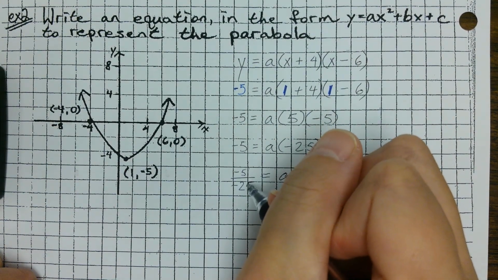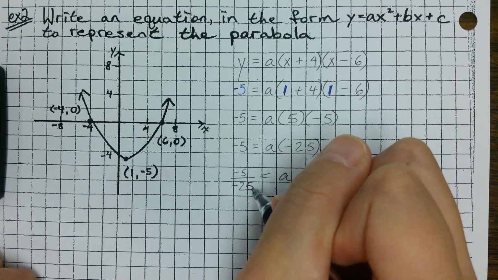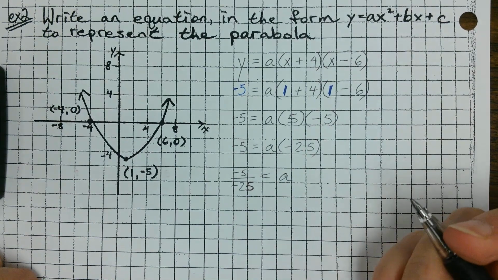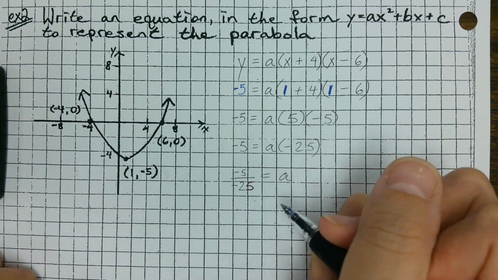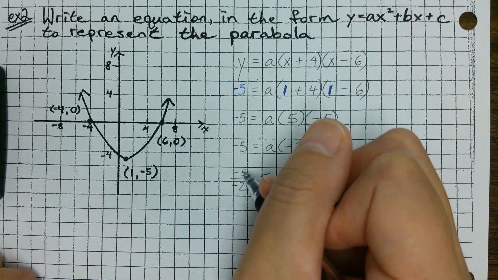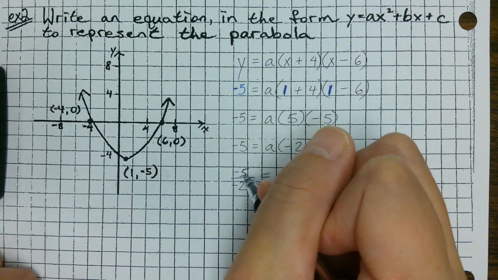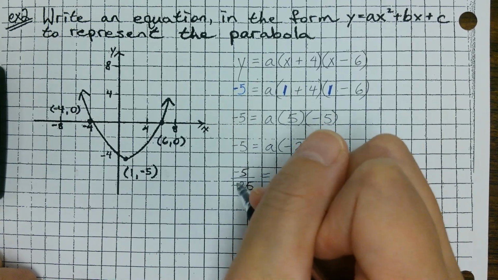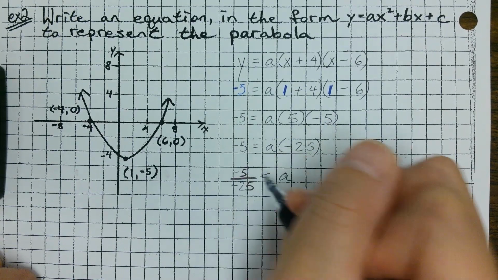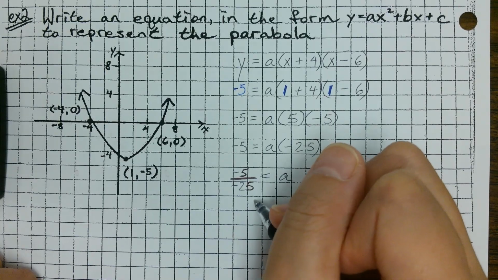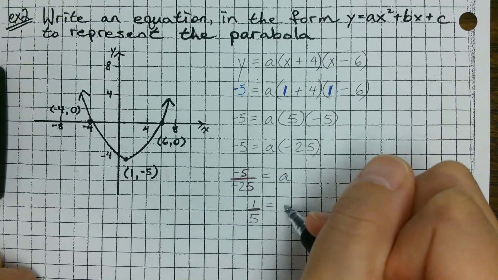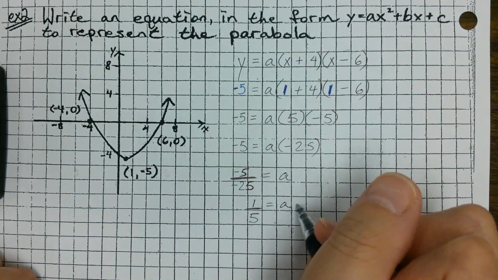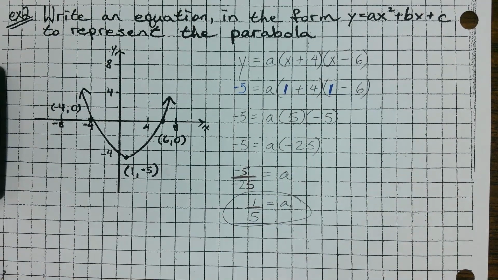So what's a? After reducing it. Mohammed? It's 5 over 25, so it's 1 over 5. Good. Okay.